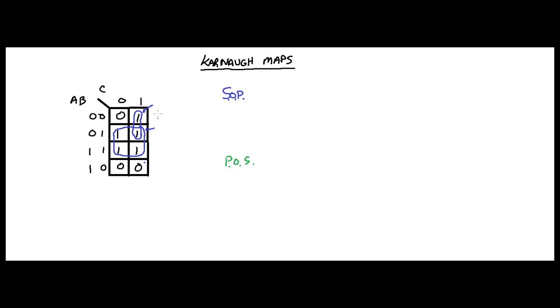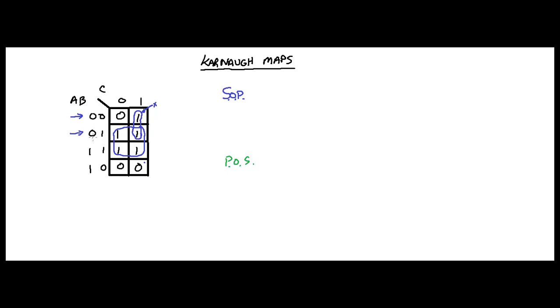Alright, so let's do the groups, right? Let's say this one right here is already pointing to it. For that group of ones, if we come to the left, that group encompasses these 2 rows, right?